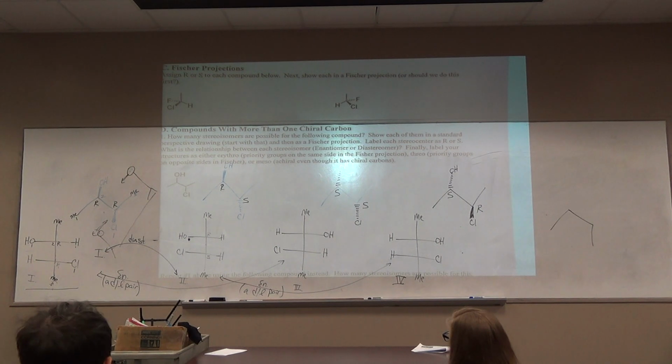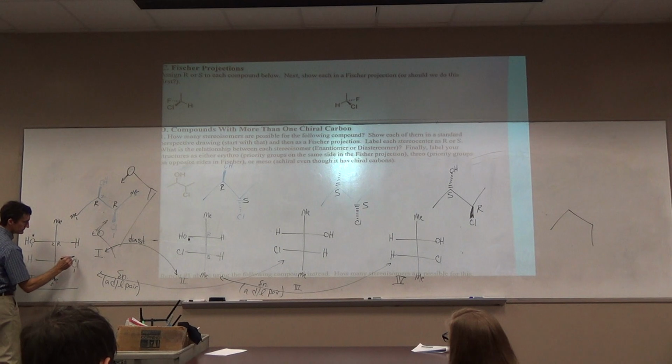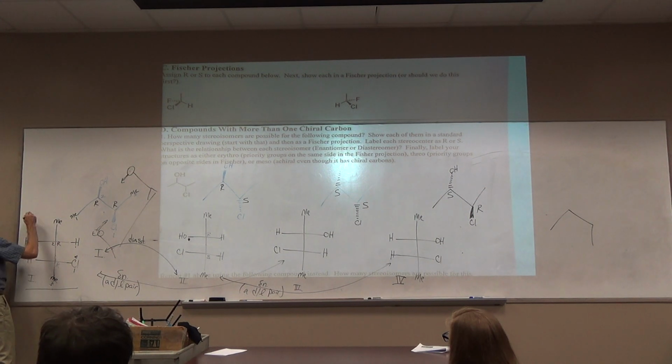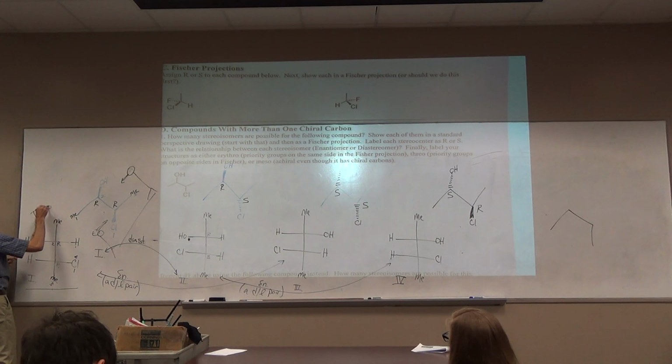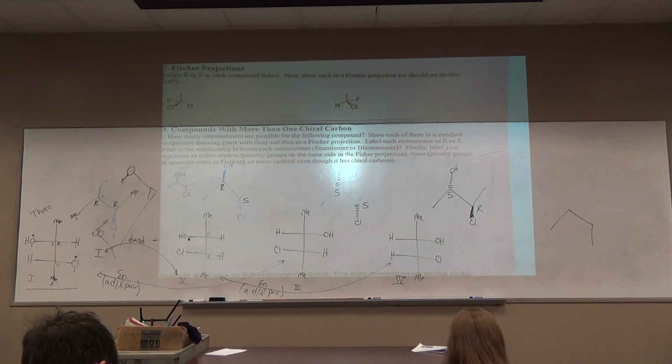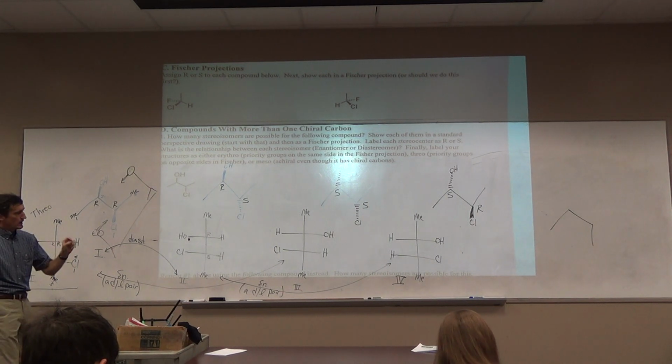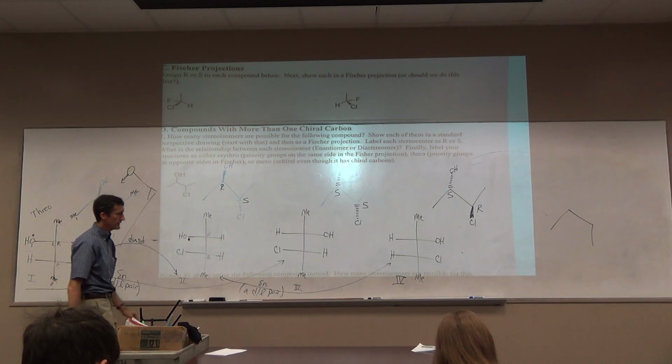And we can. If the high priority groups on each carbon are on opposite sides, this is called threo. High priority groups on opposite sides in the Fischer. What about number 3?